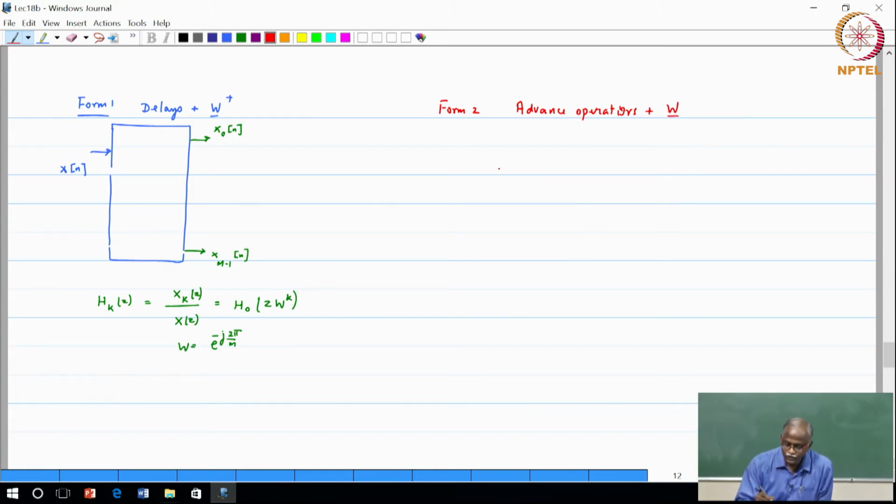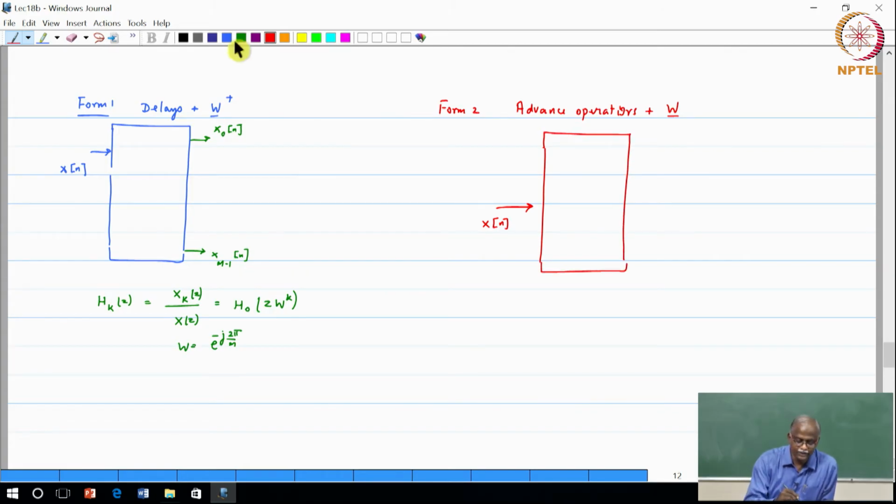So I have x of n going into my box, that box has the chain of advanced operators, and the outputs are x_0 dash of n, x_1 dash of n, and so on up to x_{M-1} dash of n.